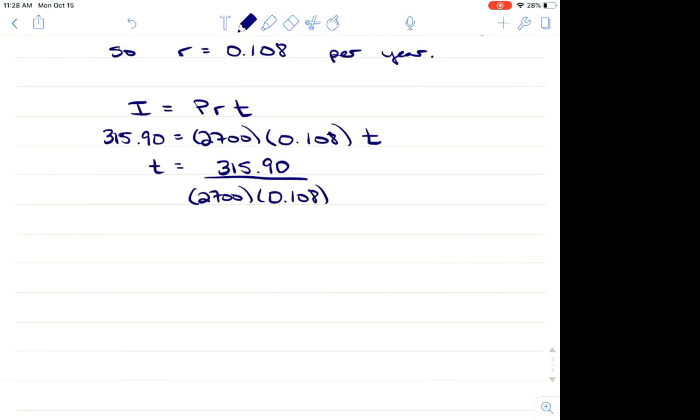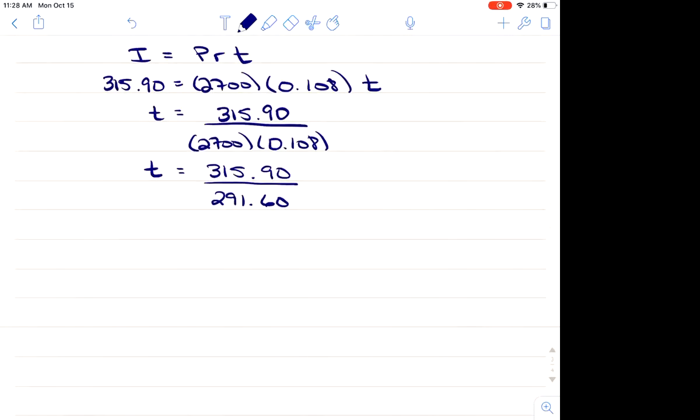And from here, I can simplify first. 2,700 times 0.108, 315.90 divided by 291.60. So 315.9 divided by 291.6.